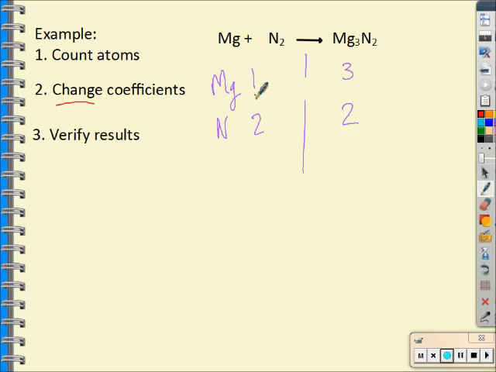If I have 1 magnesium here and 3 over here, I need to have 3 on this side. How do I make it go times 3? I have to put a 3 here. 3 in front of the magnesium gives me 3 here. They're balanced. They check. Nitrogen, I have 2 and 2. It's the same thing. It checks. Okay, that's verifying results. Does it work? Is it correct?